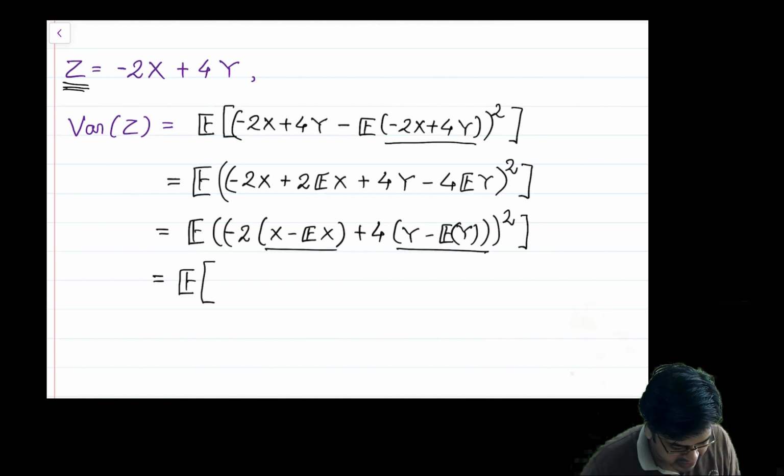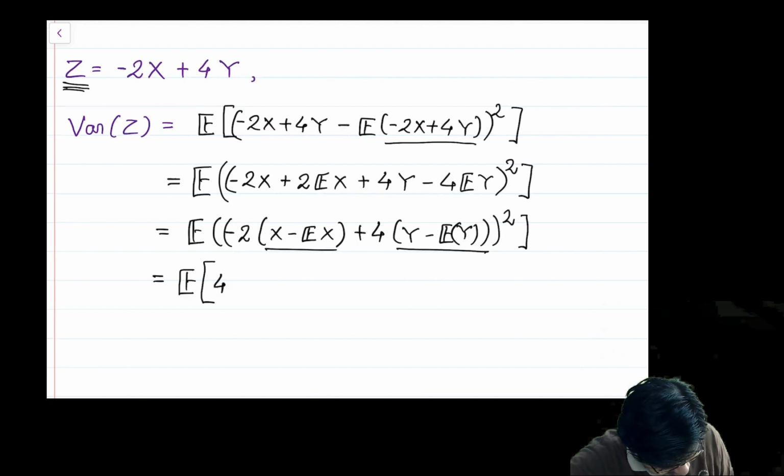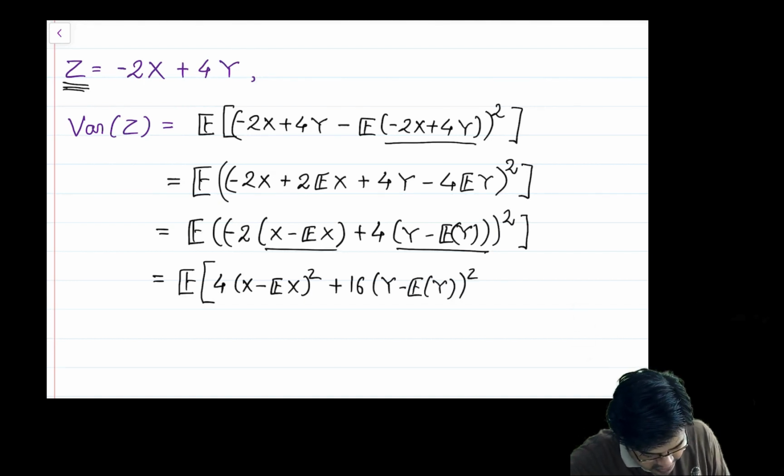This term is a, this is b, so a plus b the whole square will be a square plus b square, which will be 16, plus 2ab.